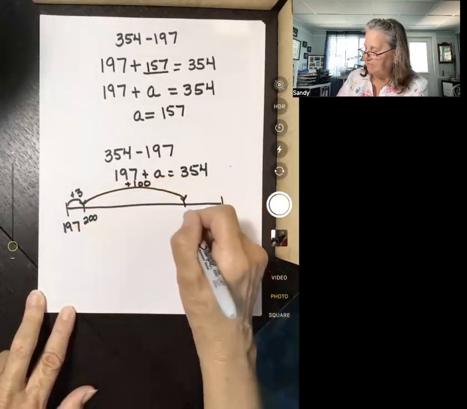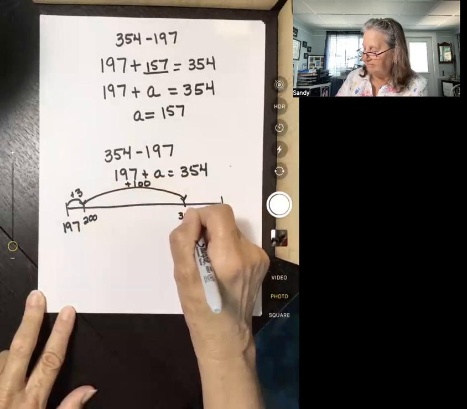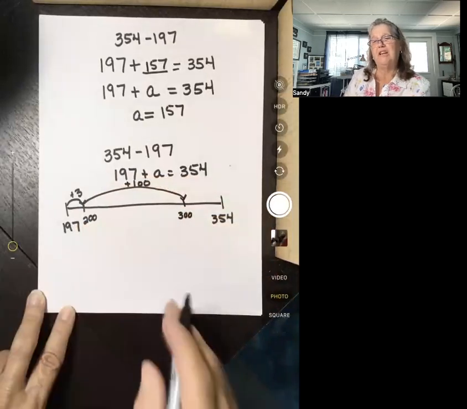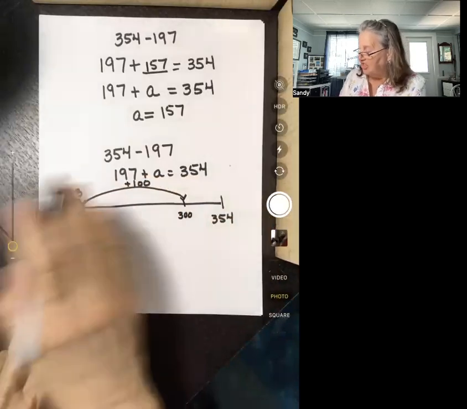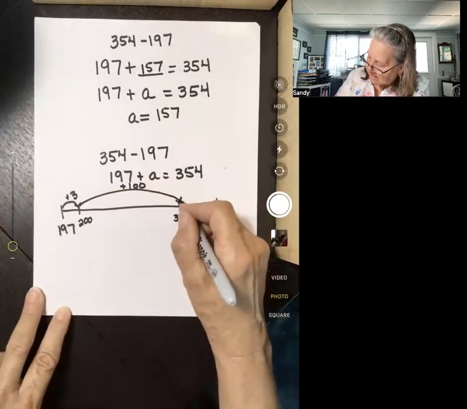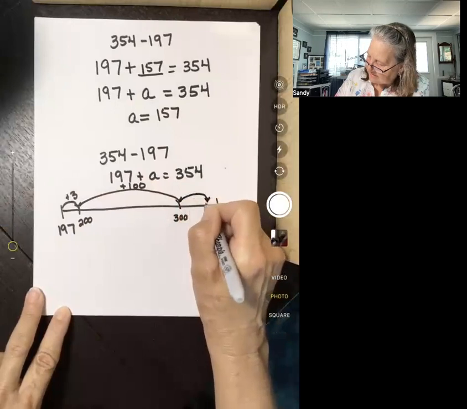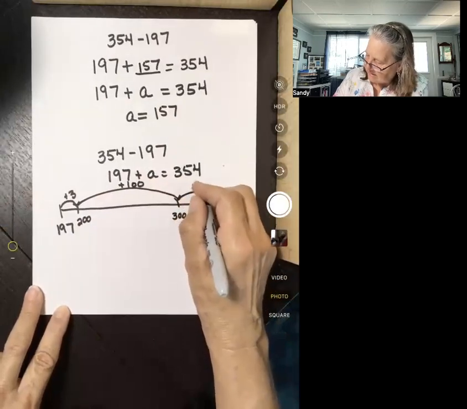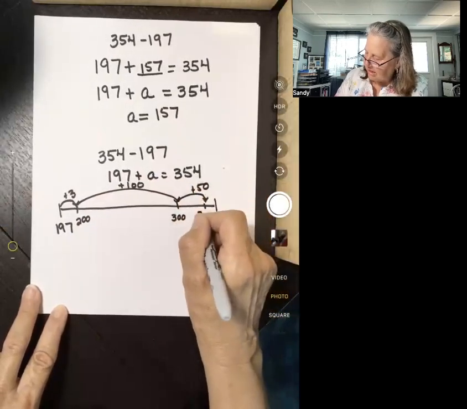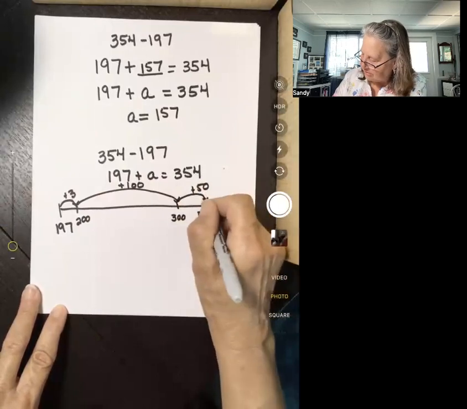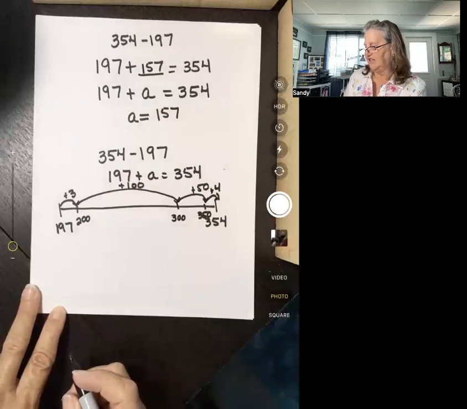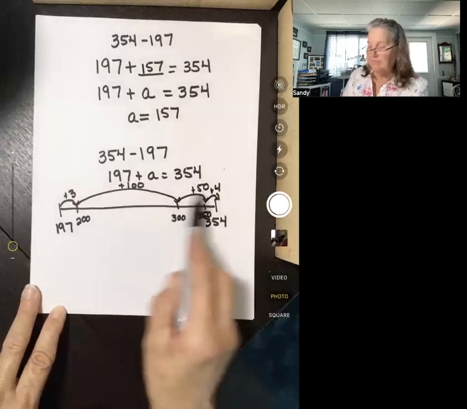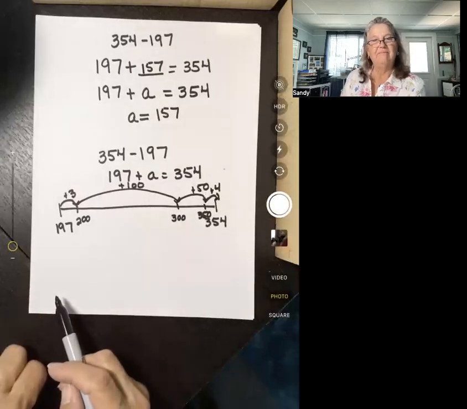That's going to get me up to 300. Your child may make a jump of 150, right? But we can get that jump of 100. We can get a jump of 50. This is going to get us to 350. And then I can do a jump of 4. And again, I apologize. I know these are way out of scale. But do you see, when I add this up, I'm still at 157.